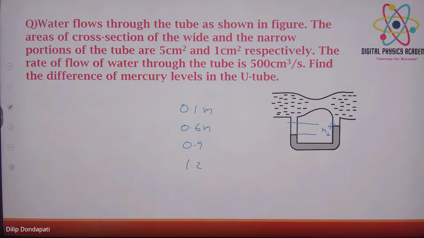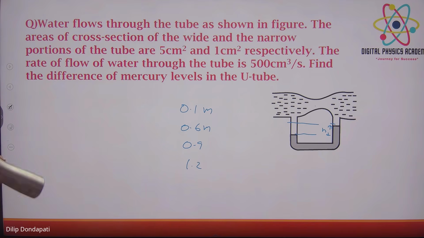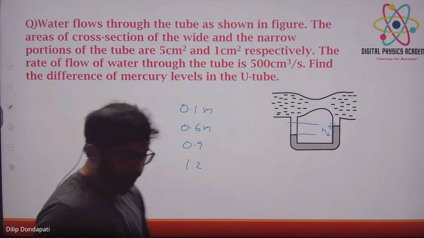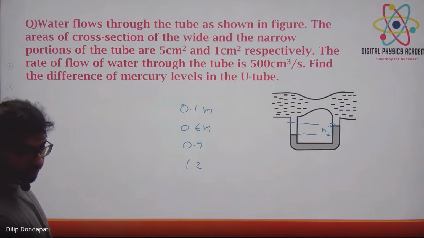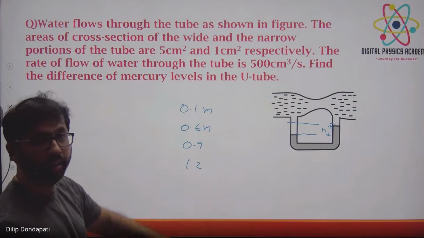Sir, I got 0.9. We'll see. Sir, 1.2. Yes, we'll see. Oh, so wait, no, 1.2, yeah. The difference of mercury level means they are asking for H, the height, right?